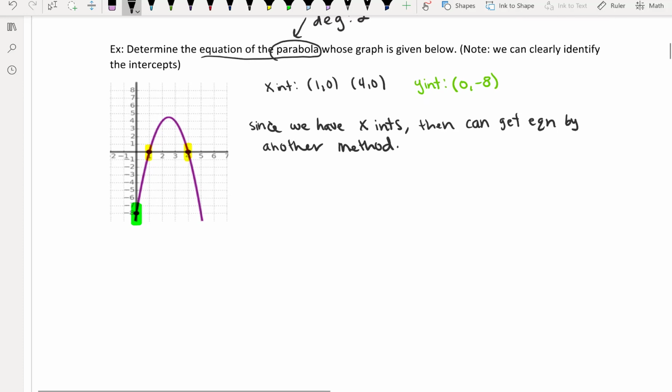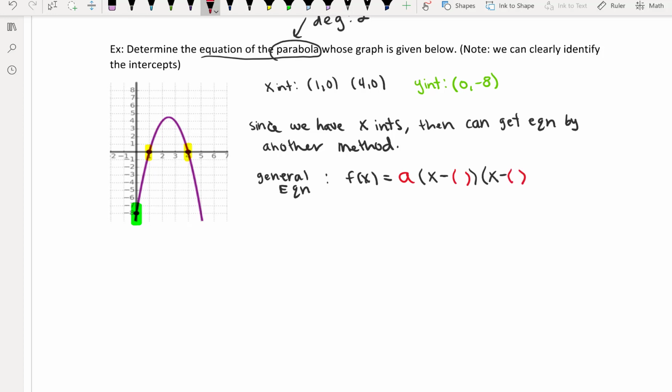So we're going to have our general equation as f of x is equal to a, and remember you always have a, times (x minus, parentheses) and (x minus, parentheses).